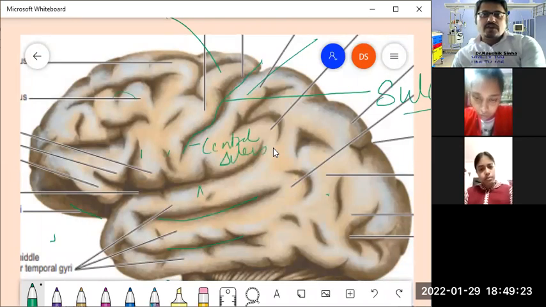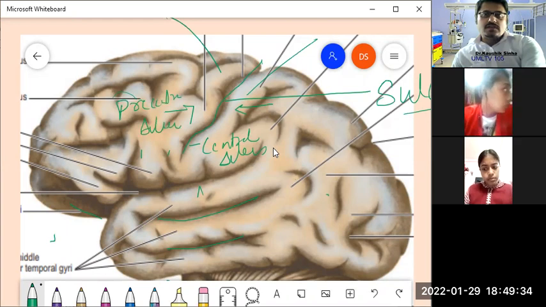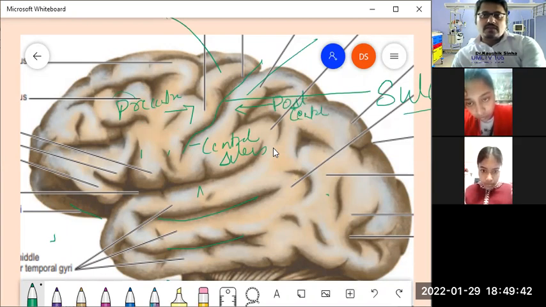And in front of the central sulcus is the precentral sulcus, and this one is the post-central. Sorry, this is not a sulcus. I've written it wrong. This is the word gyrus. This is the post-central gyrus.